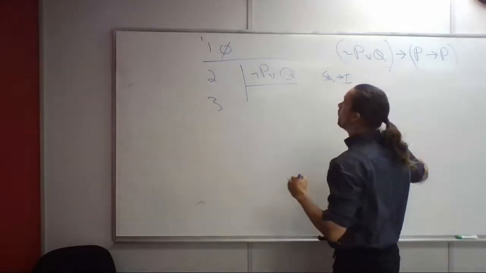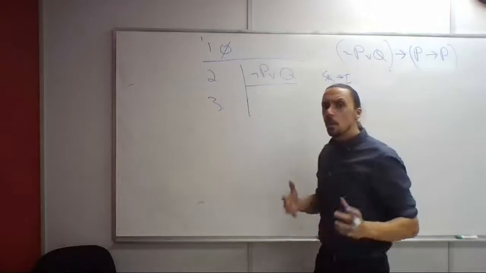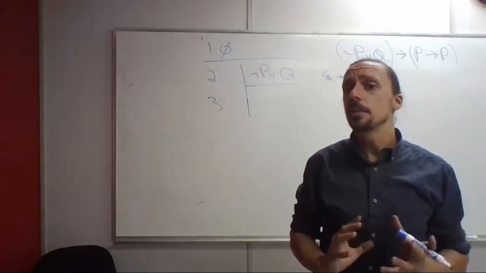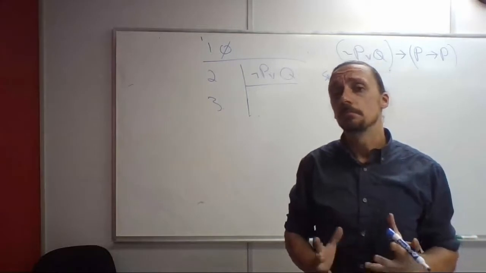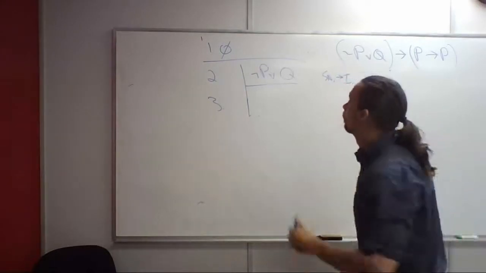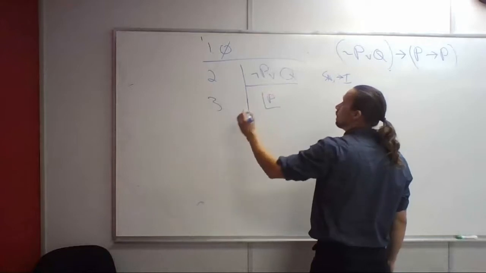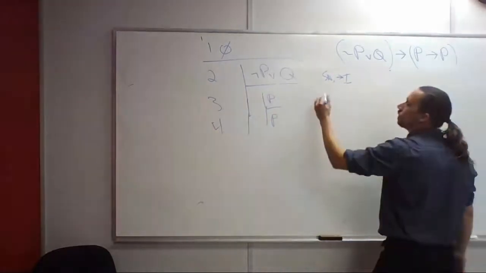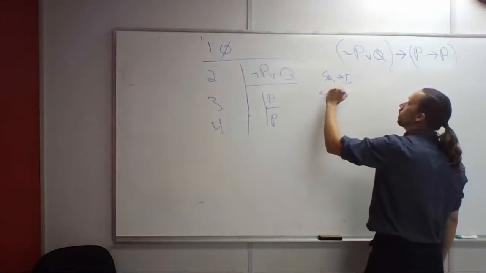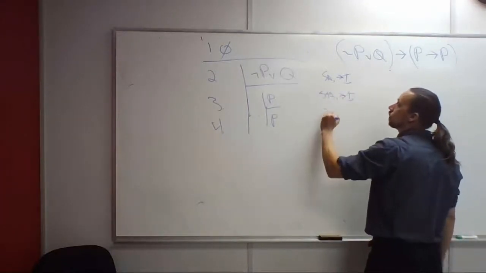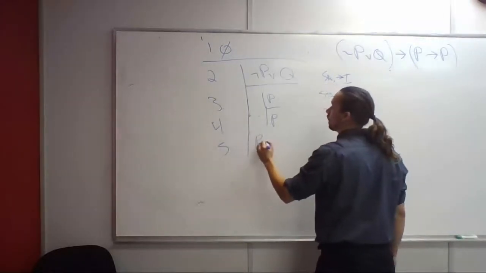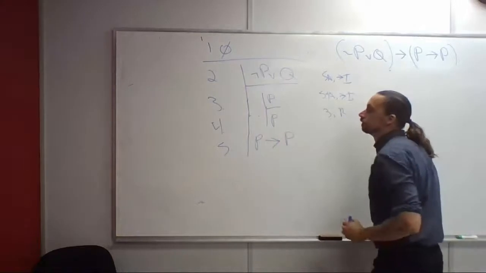Now I need to build if P then P. So I want to build, as a consequent, another conditional. And if P then P is actually a pretty trivial tautology to build. So why don't we just build it? I assume P as a sub-assumption, and then I reiterate P. So this is my sub-assumption for another conditional introduction, and now I'm just reiterating it. If I assume P, you know what else is true? Well, P. So if P, then P.